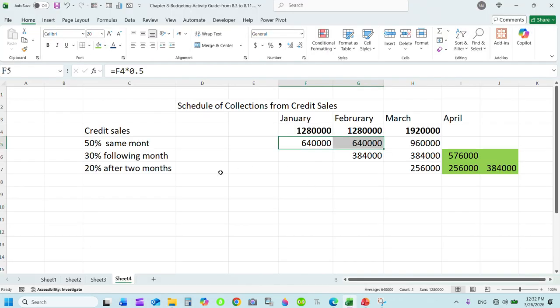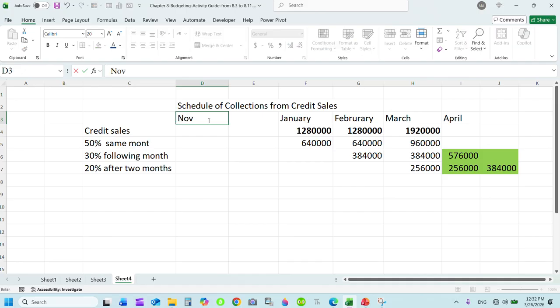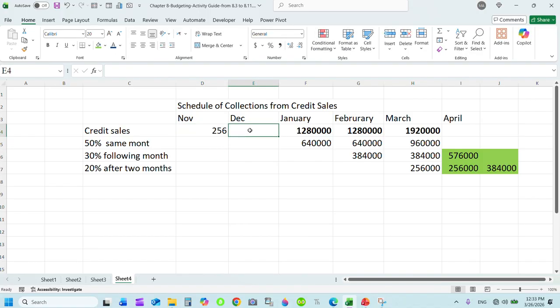256 and 600. So let's put November and December. So these are not credit sales, right? 256 and 600.